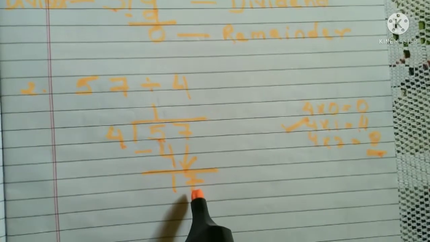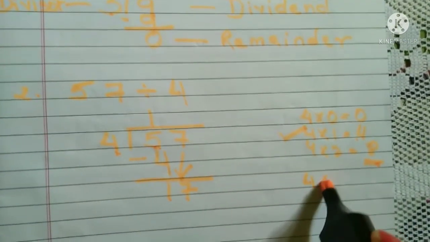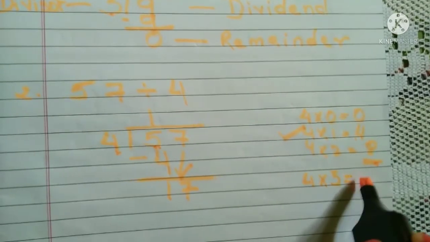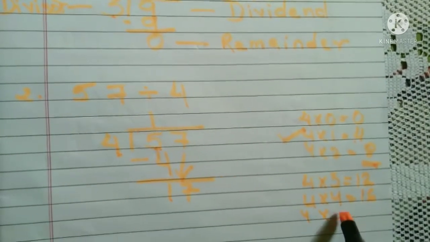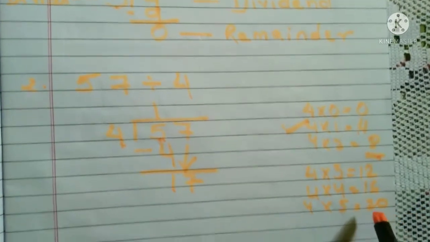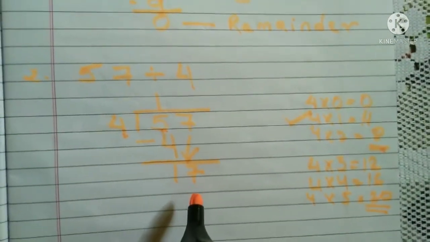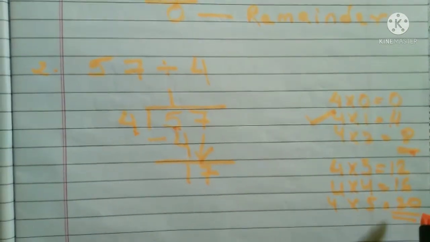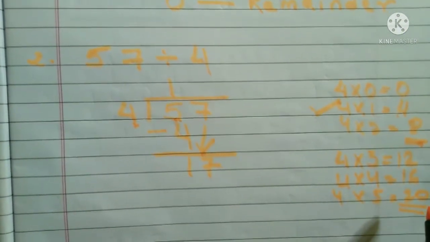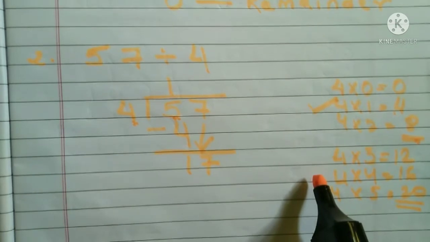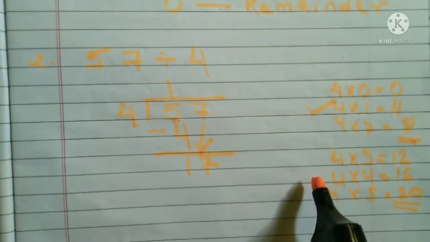Now further in 4's table, we can find 4 threes are 12, 4 fours are 16, 4 fives are 20. Now we can see 20 is greater than 17. So we cannot use 20. We need to use the smaller number or equal number.